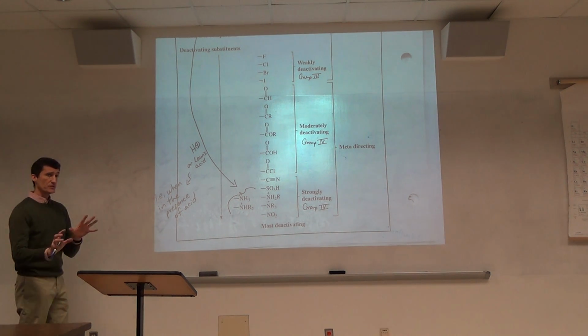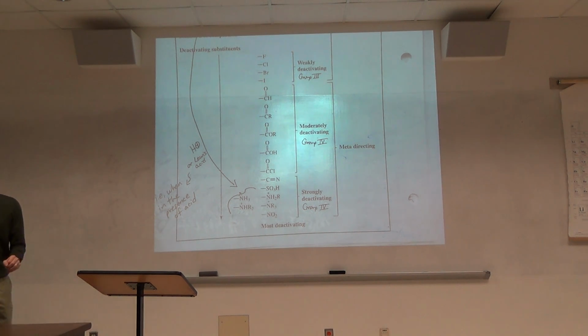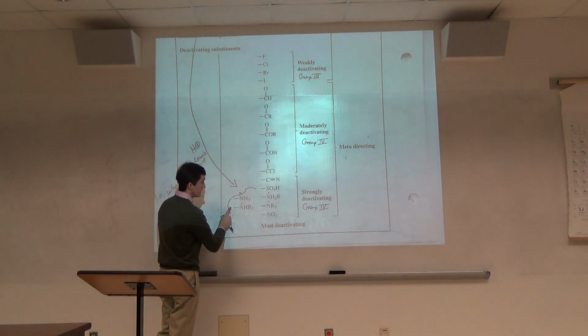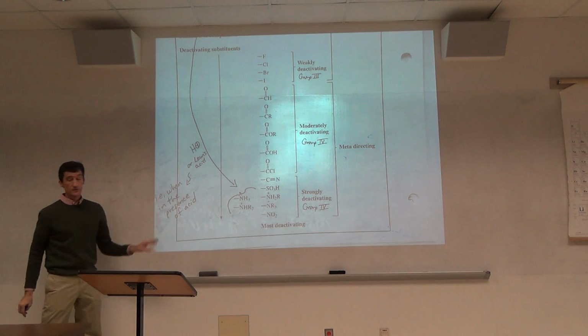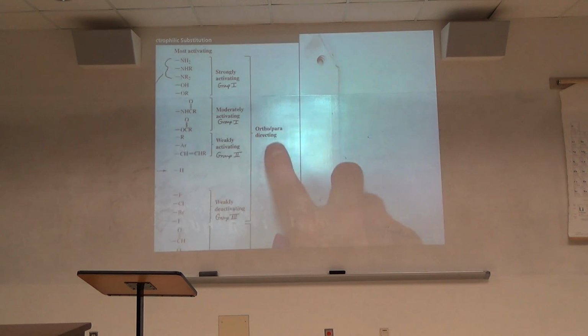So if you're doing a reaction under strongly acidic conditions, you can't just say the amine is an activator because maybe it's protonated. So the effect can vary depending on your pH. Okay? So that's a pH dependency. Now on the far right, we see this idea of directing effects.